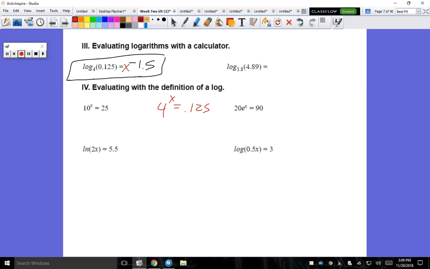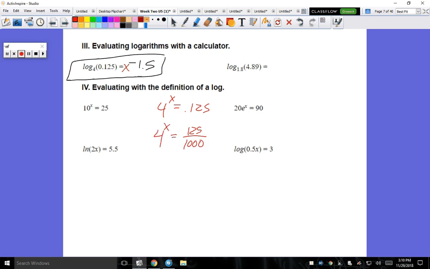If you're doing it by hand, without a calculator, you do a fraction, right? What's 0.125? Well, it's 125 over what? 1,000.